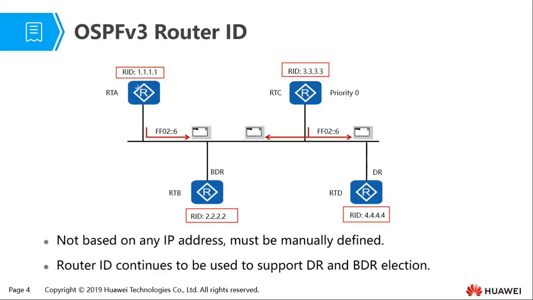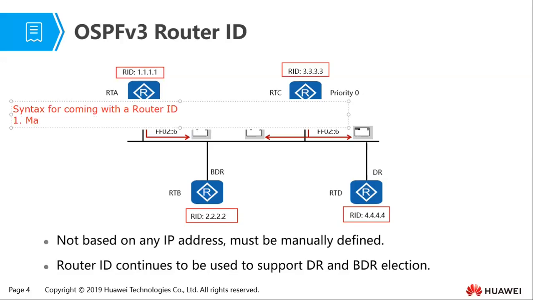Now, if you can remember, in OSPF version 2, there was a sequence for coming up with a router ID. Can someone remember some of the processes? Well, the very first one was manually configured. So, a manually configured router ID. The next one: if a router does not have a manually configured router ID, what does the router go for? Yes, Brian?